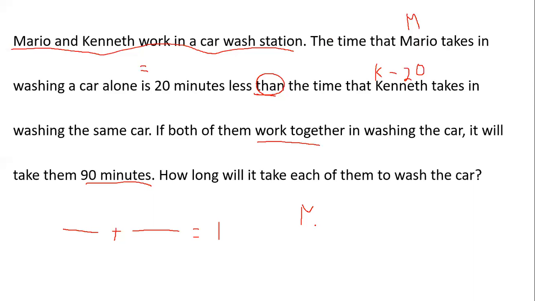Mario is 20 minutes less than, so K minus 20. Ayan. Now, let's proceed to the next one. If both of them work together in washing the car, it will take them 90 minutes. Ayan. So, sundan po natin ito.